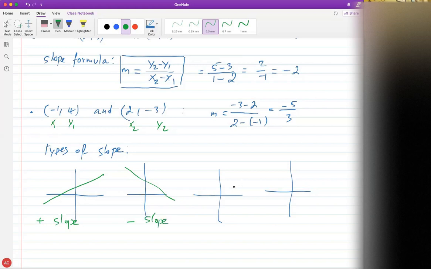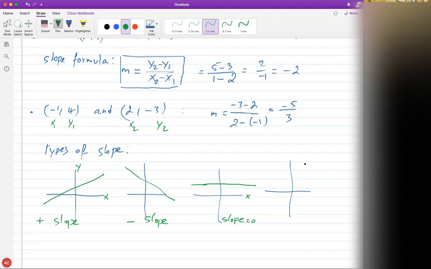The line could also be horizontal, parallel to the x-axis. So as you saw the other day, this is always the x-axis, this is the y-axis. If the line we're looking at is horizontal, the slope would be 0. Okay, the slope here is exactly 0.